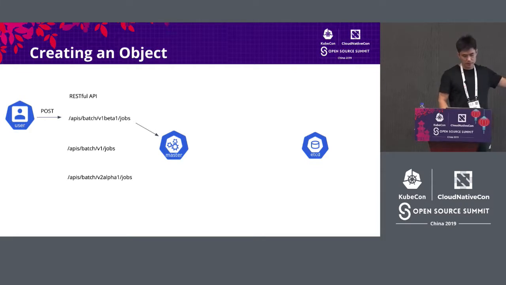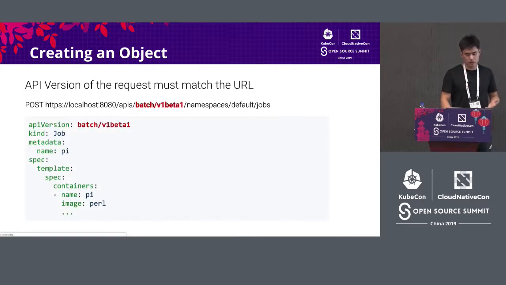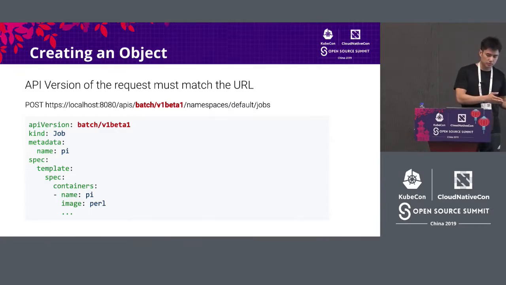The user will provide a job object at this URL path, and this object in the request must be encoded in the v1beta1 version. That's a requirement of the API server, because the URL says what I accept is batch v1beta1 jobs. So the user must encode the object in the v1beta1 version. Otherwise, the API server will reject the request.